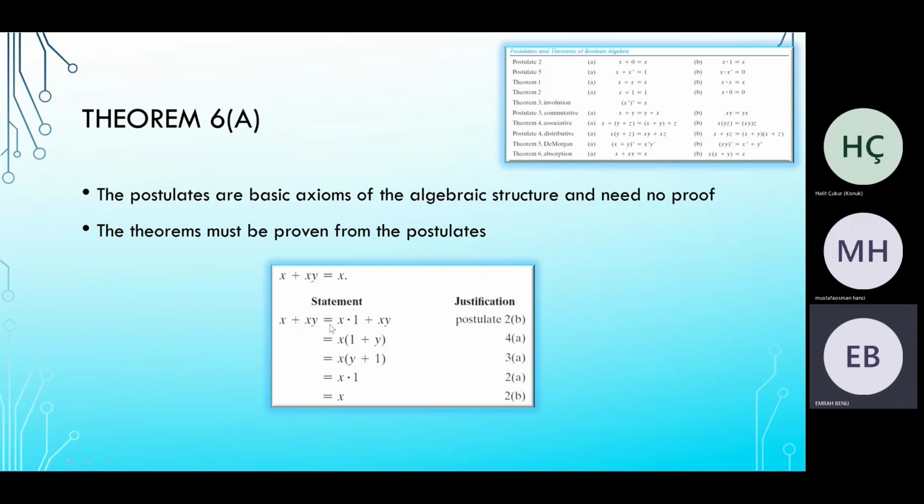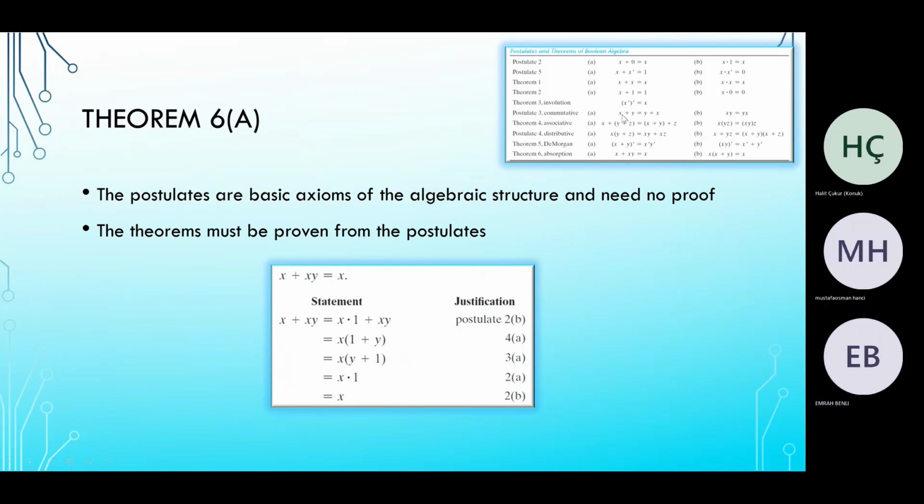And we get it in the x parentheses here, 1 or y from 4a. And yeah, we don't really need to do this, but we can. And so y or 1, what is this? It is 1 from 2a. I mean from 3a. Postulate 3a.